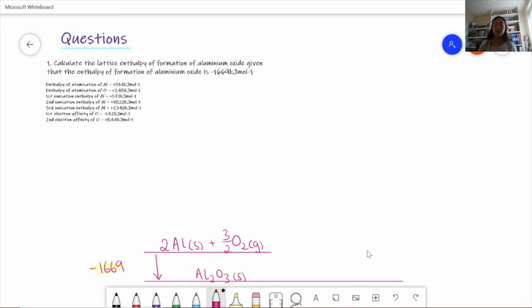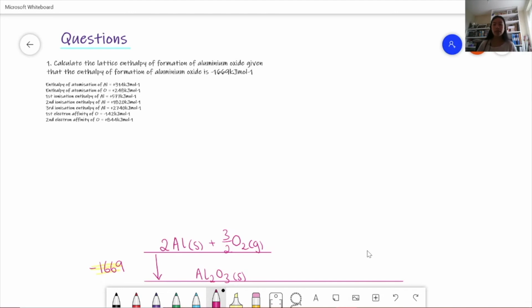Then the next thing I'll do is we're going to do all the endothermic reactions, so the atomization ones and the ionization enthalpy ones. I'm going to start with the atomization of aluminium. When you get a bit more used to doing these kinds of questions, you can probably do more than one step at one time, but I'm just going to write them all out so it's really clear.